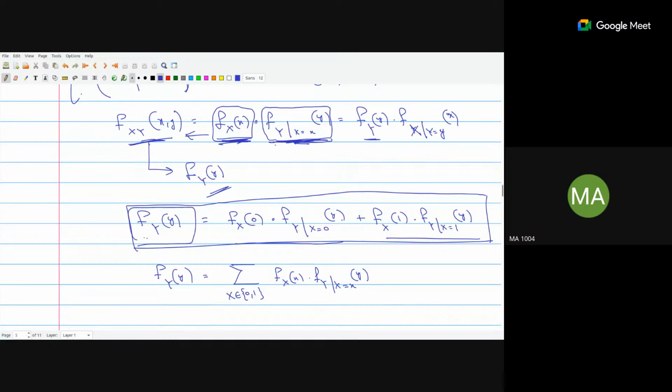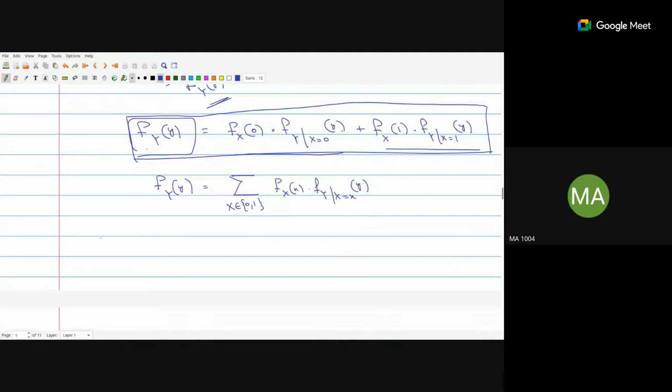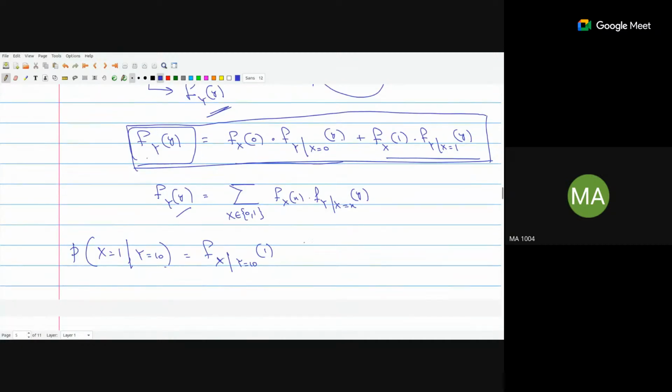Once I get the distribution of y, the question asks for the probability that x equals 1 given y equals 10. So this is actually f of x given y equals 10, of 1. If you know this, and we know this, you simply divide this particular term by fy of 10.